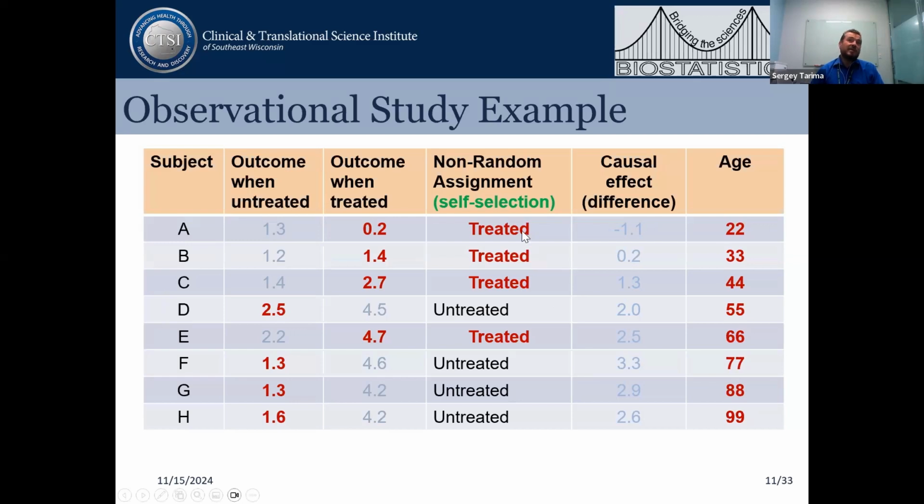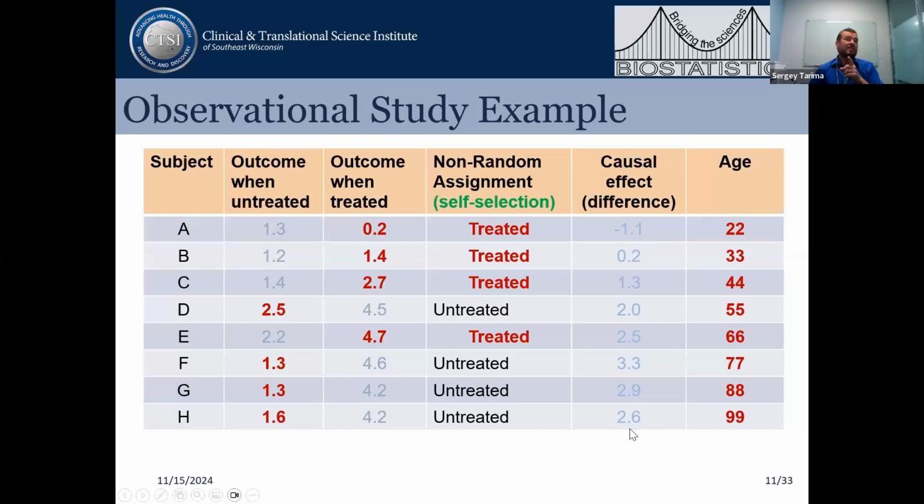I changed the same example I had before, but I changed random assignments to non-random assignments. Right now I have more younger patients in the treated group, and in the untreated group, more older patients.